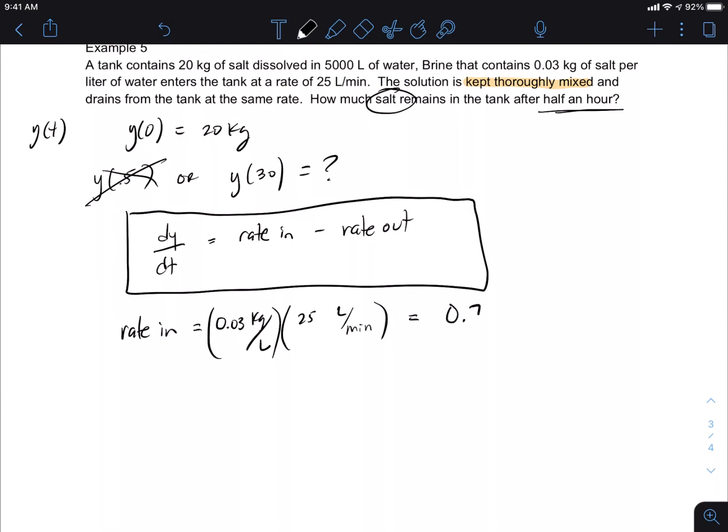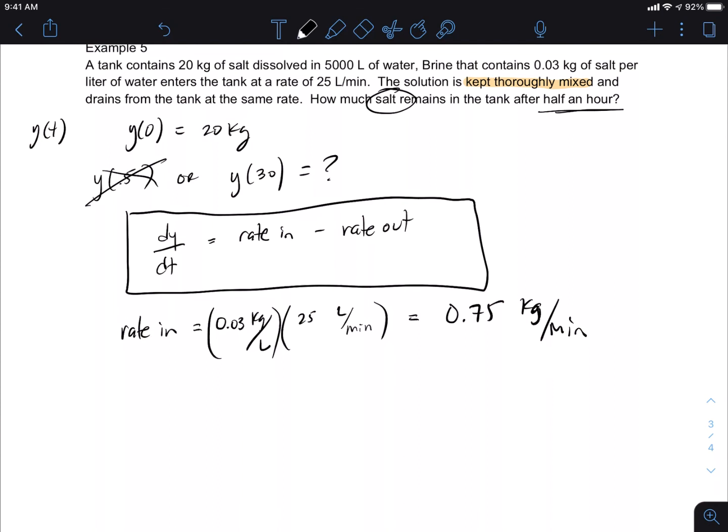So we're getting 0.075 kilograms per minute. But kilograms of what? Salt. Does that make sense to everyone? Yes.